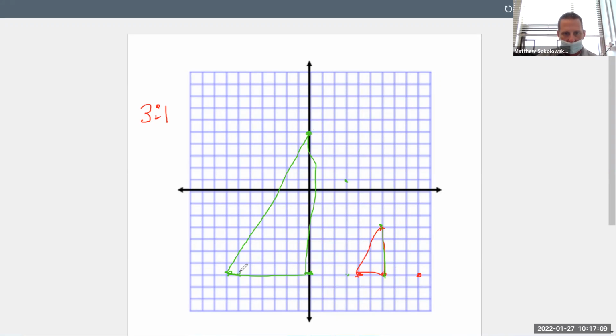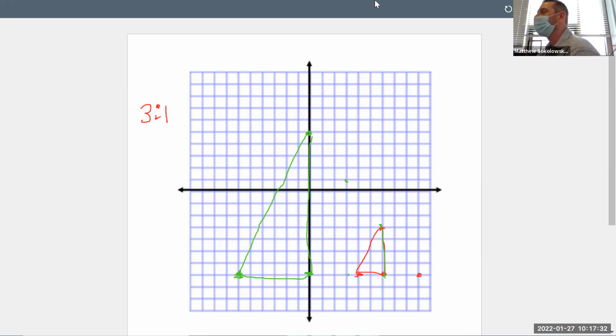Should be right here. Oh, no. There. Okay? Dilation's good?